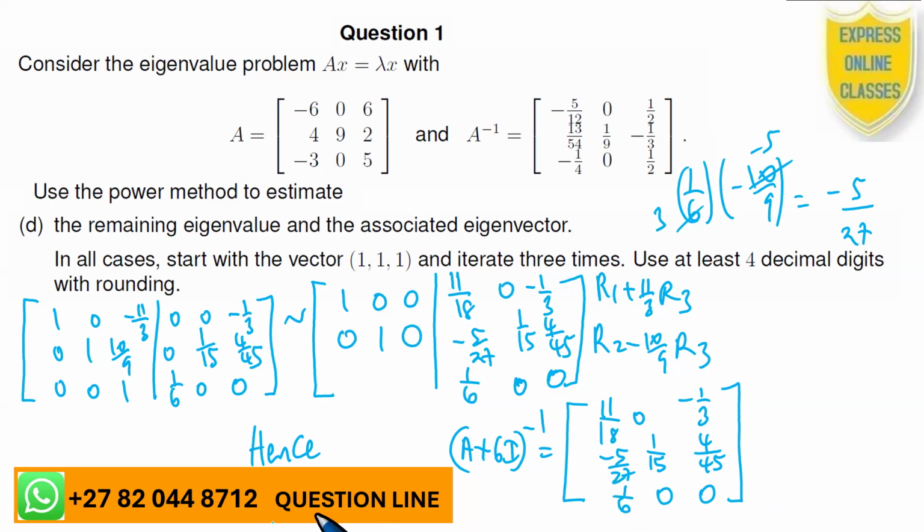Right. So we continue. So hence that is the inverse of the matrix there.